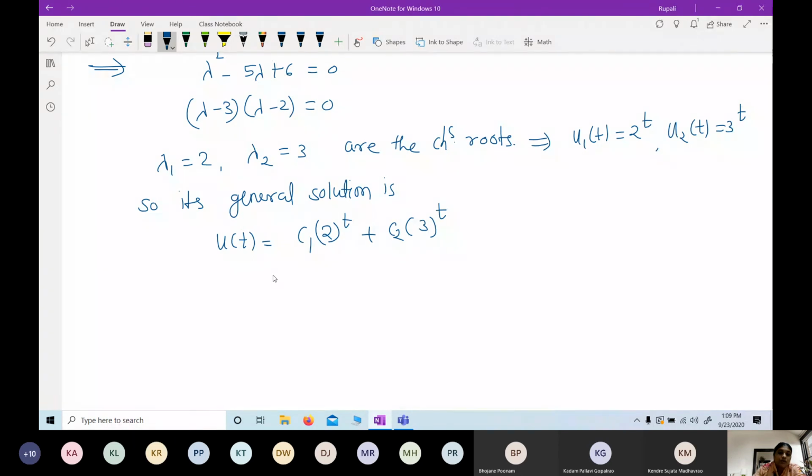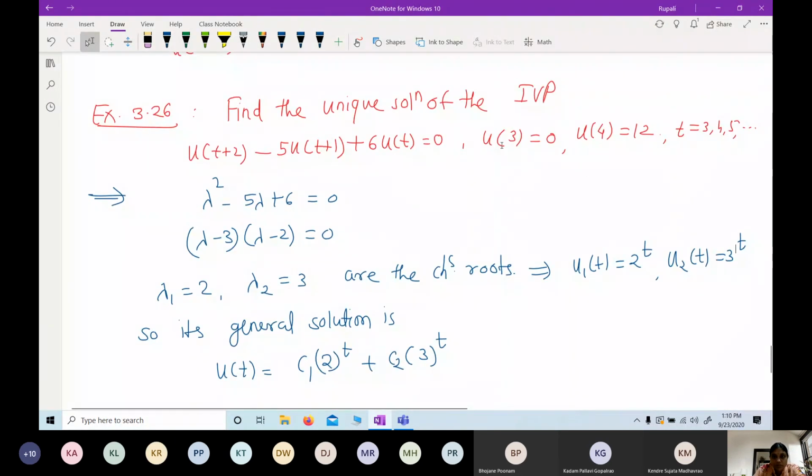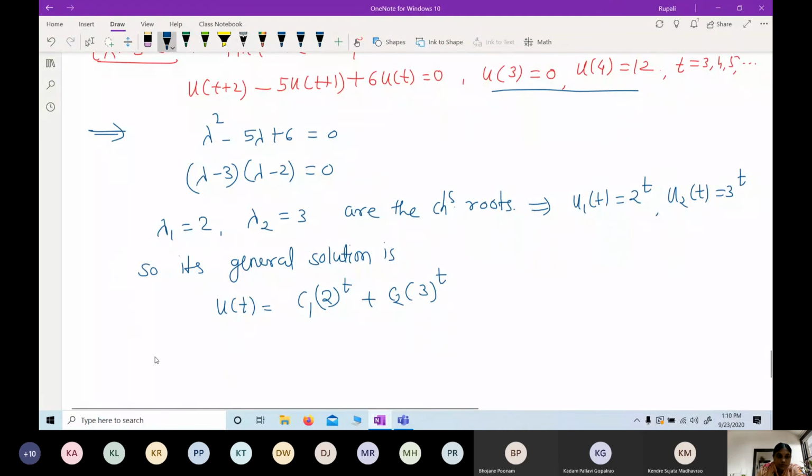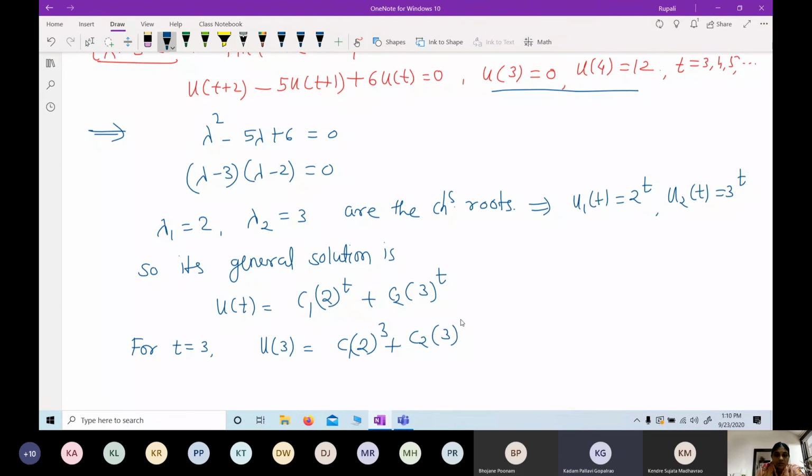Yeah. So now I want to find the particular solution. How? We have to use the initial conditions. u(3) is equal to 0. Now for t is equal to 3, what is u(3)? c1 times 2 raised to 3 plus c2 times 3 raised to 3, which is equal to 0 as given, right?